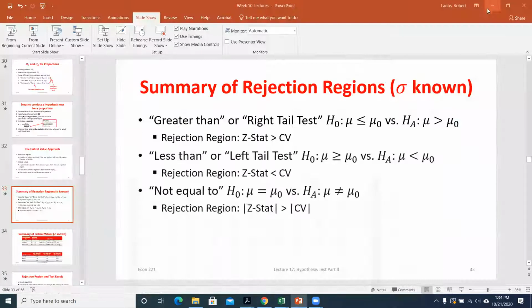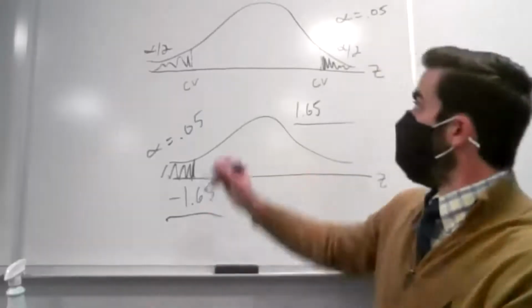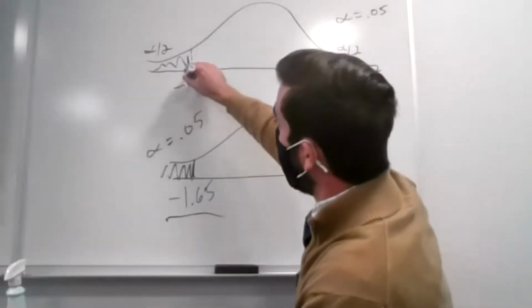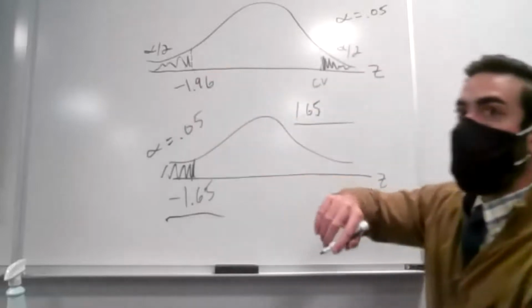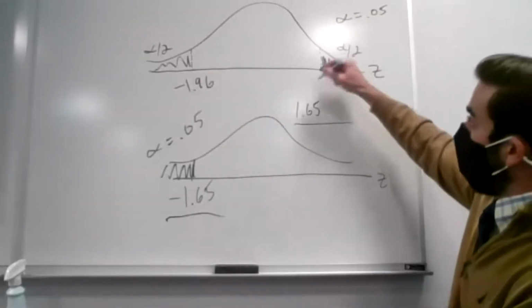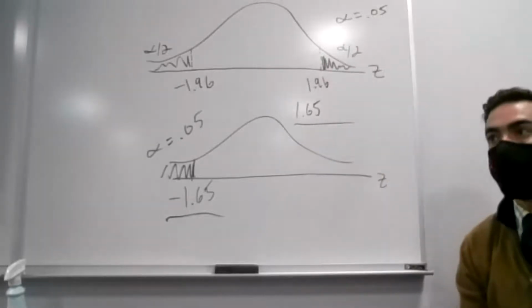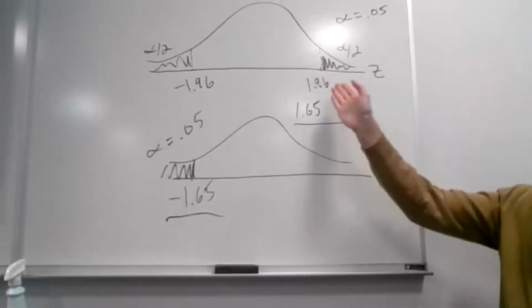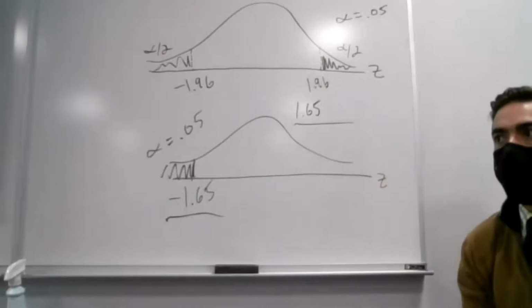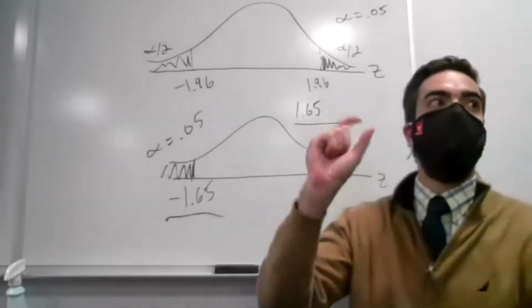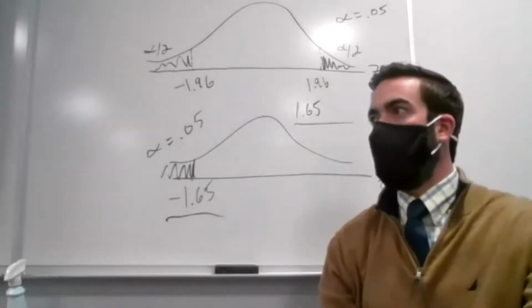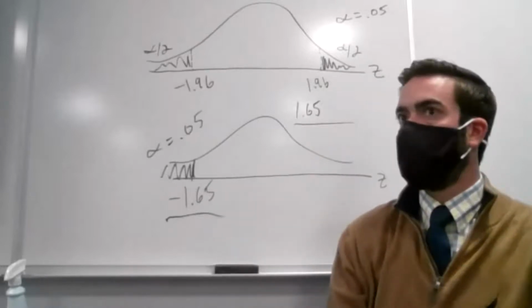So for a two-tailed test, I can just look up alpha divided by 2. That will always give me the negative critical value. And then I just have to remember, oh yeah, I also have a critical value up here, right? That's the exact same thing, but positive. So for a two-tailed test, we'll have a pair of critical values. They'll be the same value, but one's positive, one's negative. Okay.